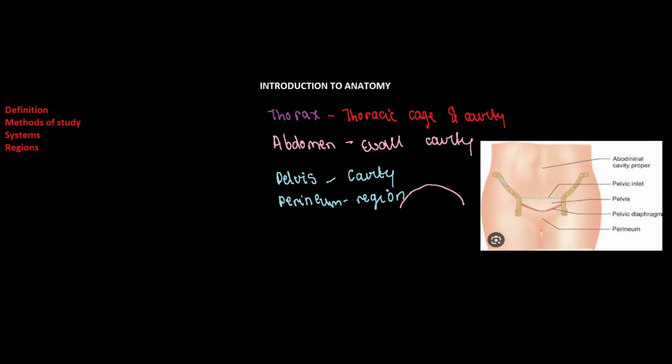Here we have an image that shows the pelvic region as well as the perineum. The pelvis is the cavity that is located between the hip bones.